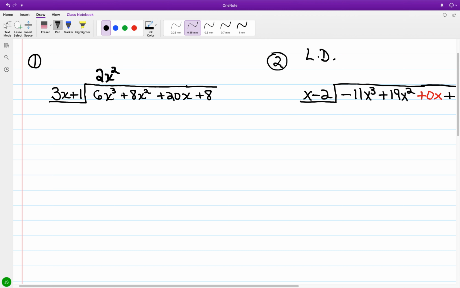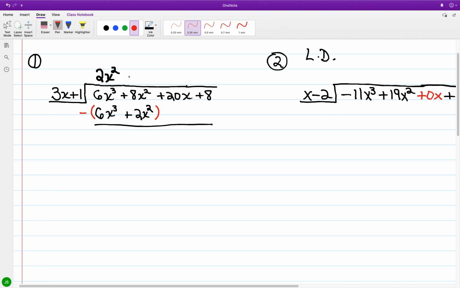Upon multiplying, 2x squared times 3x becomes 6x cubed. 2x squared times 1 is 2x squared. With long division, we're looking at row by row subtracting, and the object is to cancel out the leading terms that will spin off at each stage.